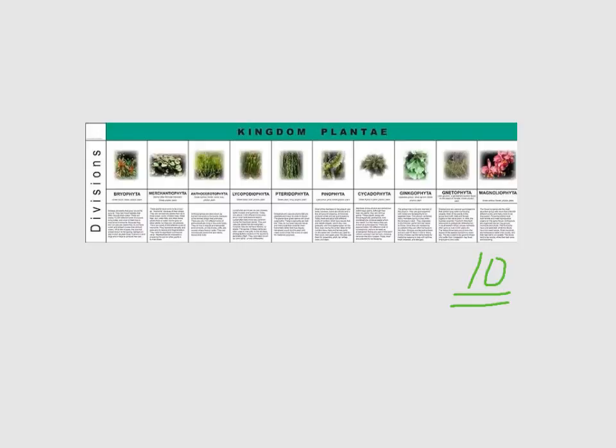Now, something easier for you will be to know that the ending phyta, P-H-Y-T-A, is an easy way to identify that we're talking about divisions of plants. Everything will be ending with this suffix.